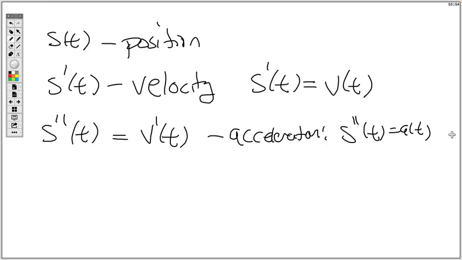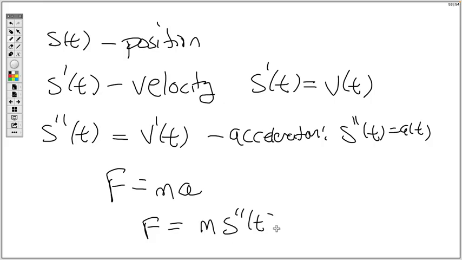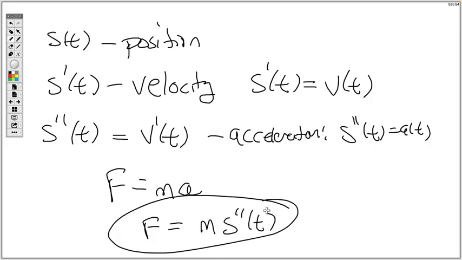And so since the force is mass times acceleration, this is where we get second derivatives into the mix. Okay? And then there's third and fourth derivatives, but those typically don't. At least you're not going to see much of those in your freshman physics classes anyway. Okay?